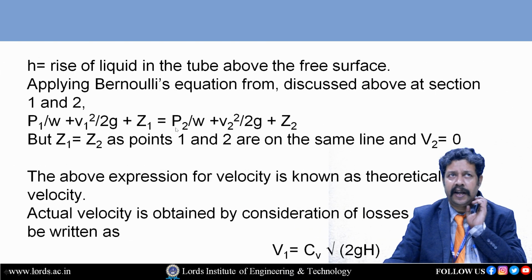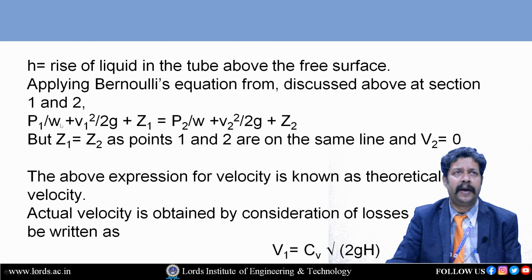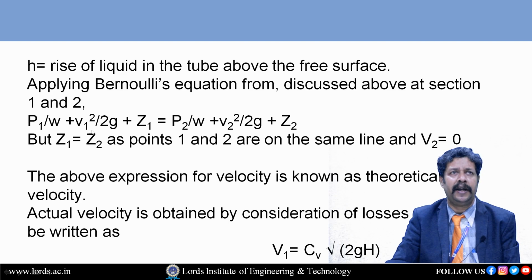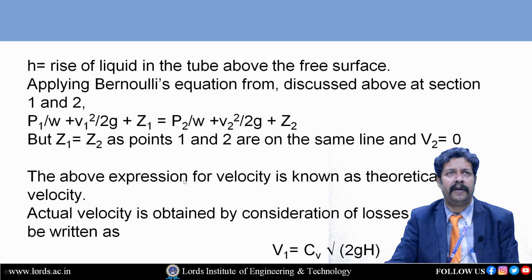Now I am applying Bernoulli's equation here. P1 by W plus V1 square by 2G plus Z1 is equal to P2 by W plus V2 square by 2G plus Z2. Z1 is equal to Z2, so they get cancelled. By substituting P1 by W value, V1 square by 2G, P2 by W value and V2 square by 2G, because V2 is equal to 0, we can easily calculate the velocity.